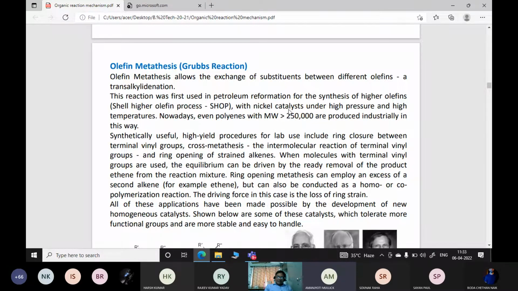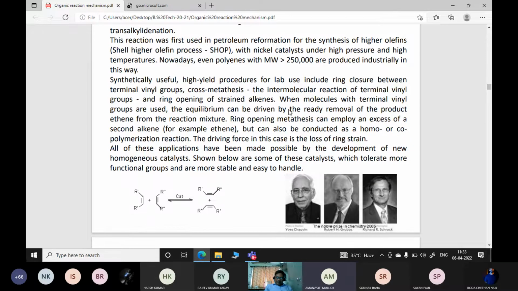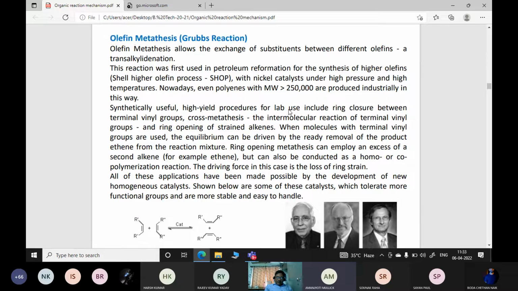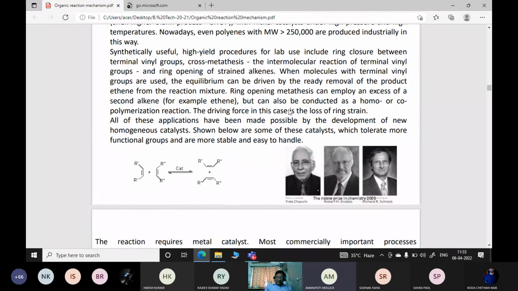Actually, with the metathesis reaction, chemists who were not able to understand could not expect whether it was possible or not, but it was done by Professor Grubbs. In his reaction, you see here two alkenes.